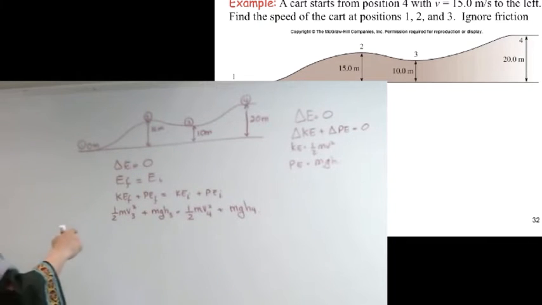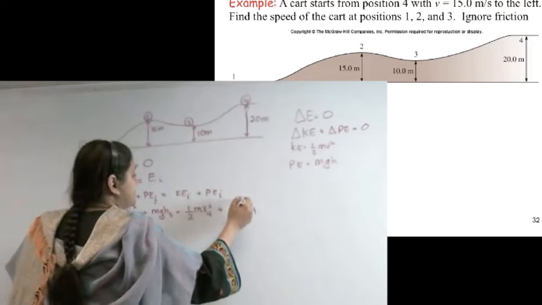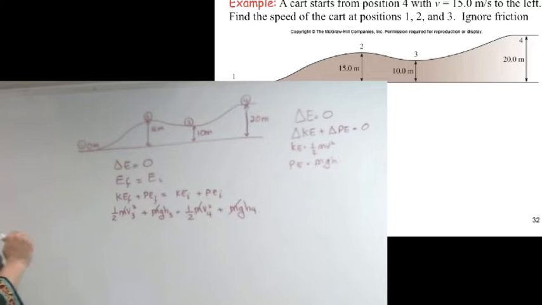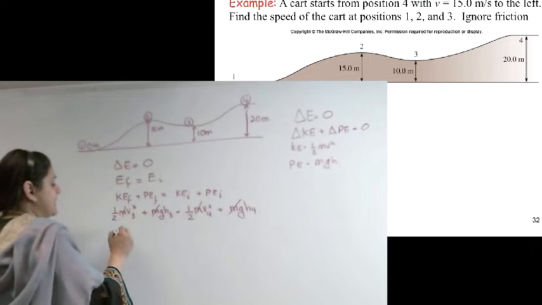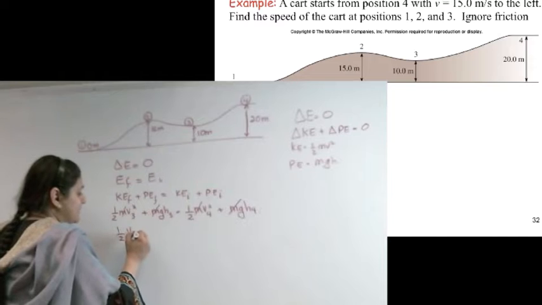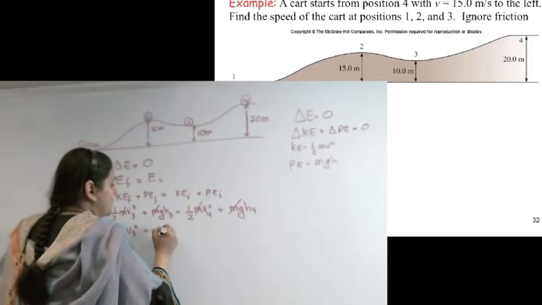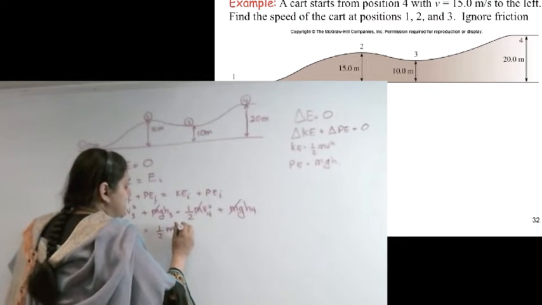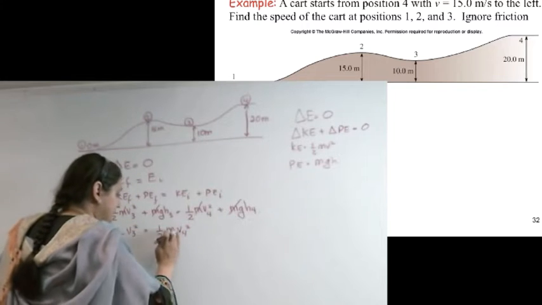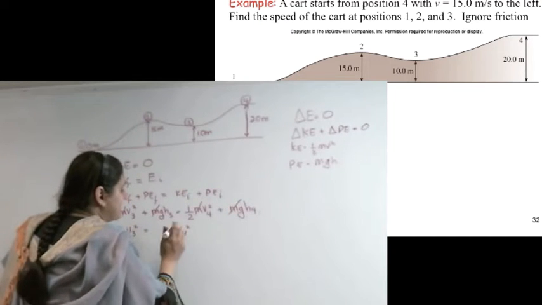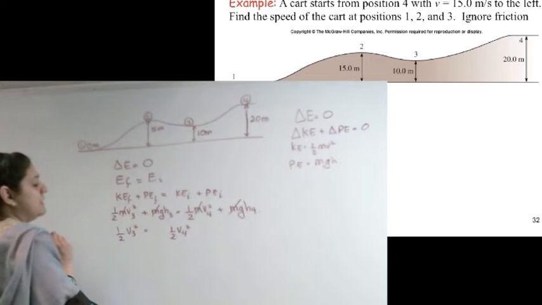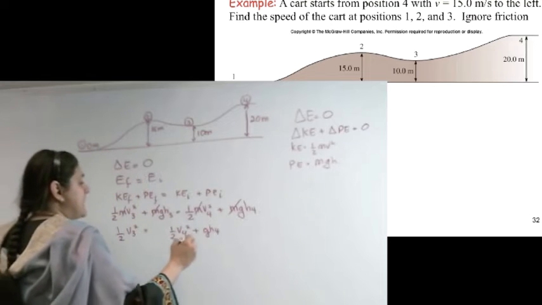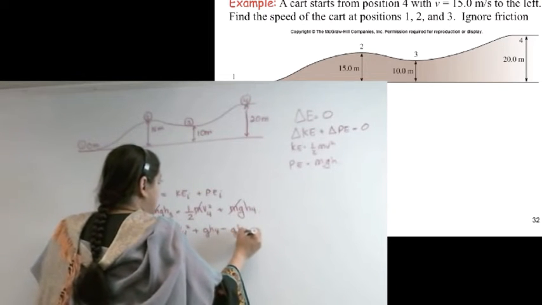Since m is in each of these terms, I can get rid of it. And I'm looking for v3. So now let's start plugging in values. We have 1/2 v3 squared equals 1/2 v4 squared plus g h4 minus g h3.